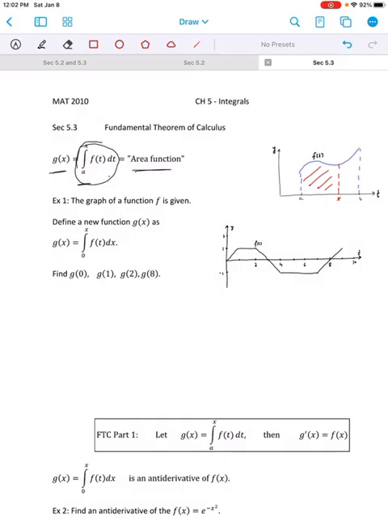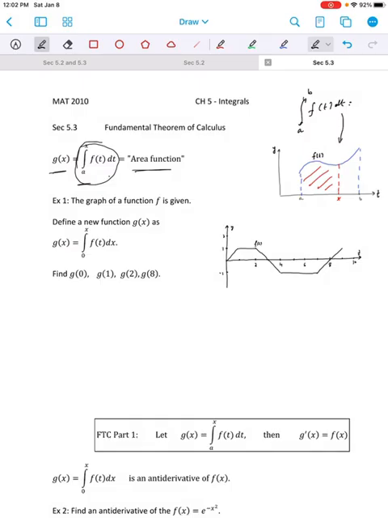The idea is that if we have the integral from a to b, that gives us the whole area under the function f in this diagram from a to b.